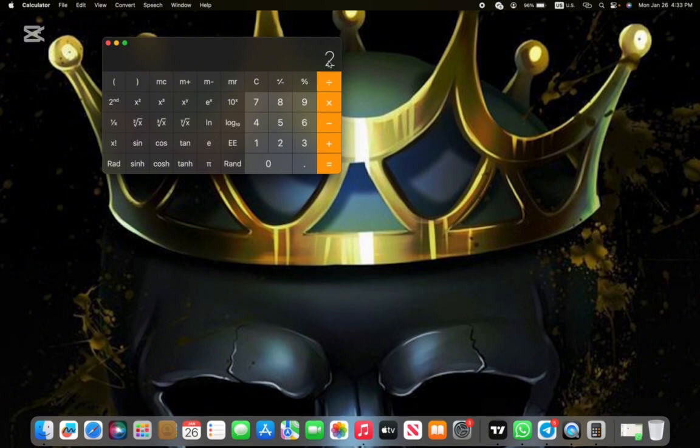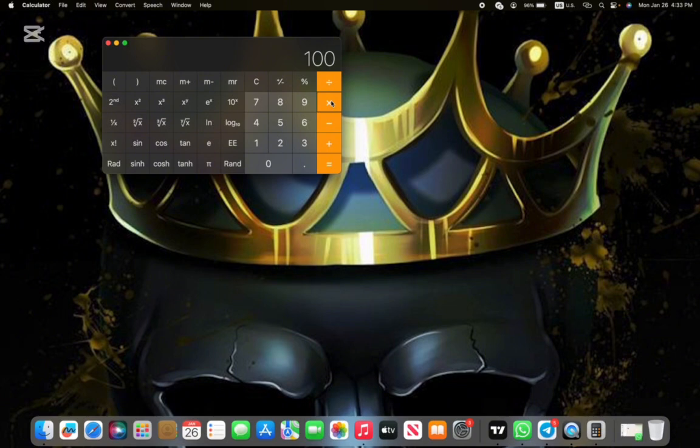Let's say for example now you want to calculate 0.10 times 100. This is what you are targeting, 100 pips, and you are risking 20 pips, which is $2.